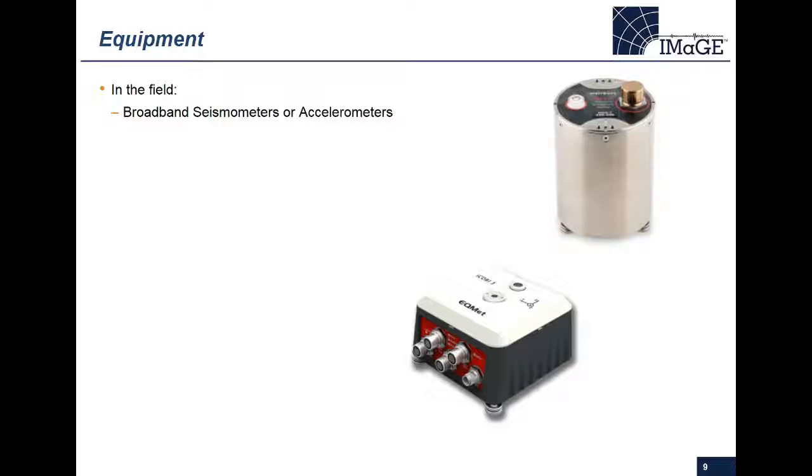Now both of these sensors are fairly small. They're only 10 or 15 centimeters across and about that same in height. So not very big to be putting out in the field, so nice and small footprint. But they are designed to get a low enough frequency bandwidth that these larger magnitude events will be detected on both of them.